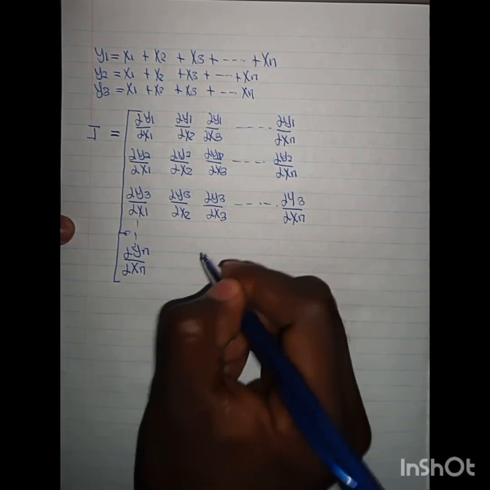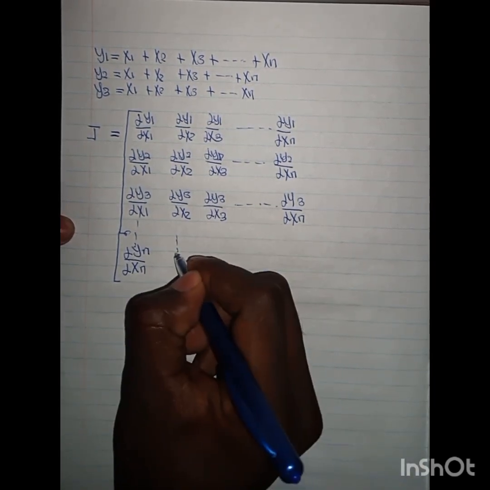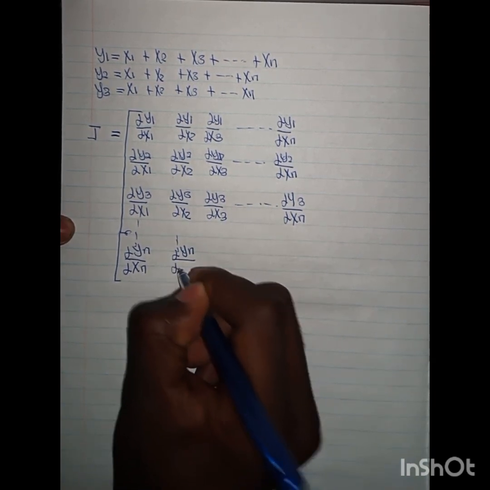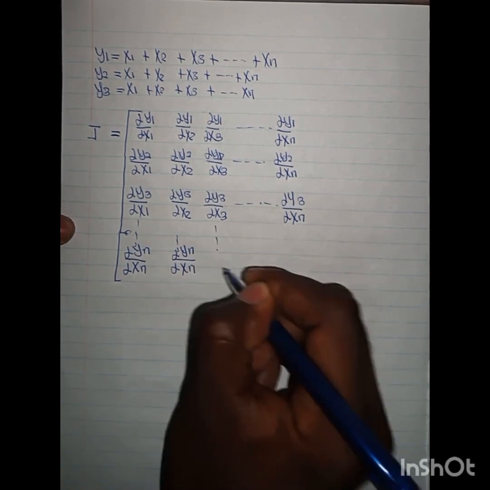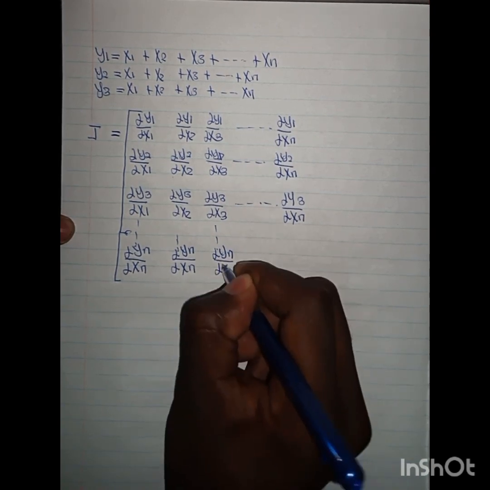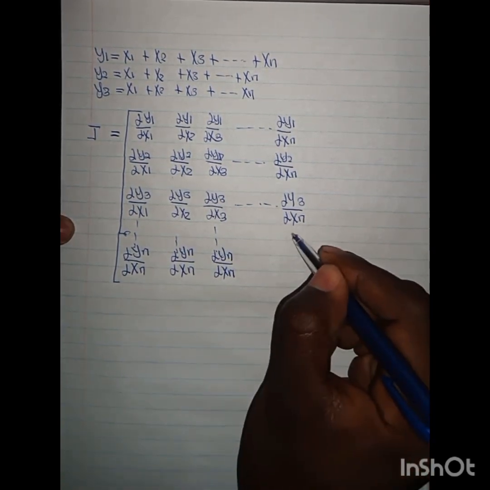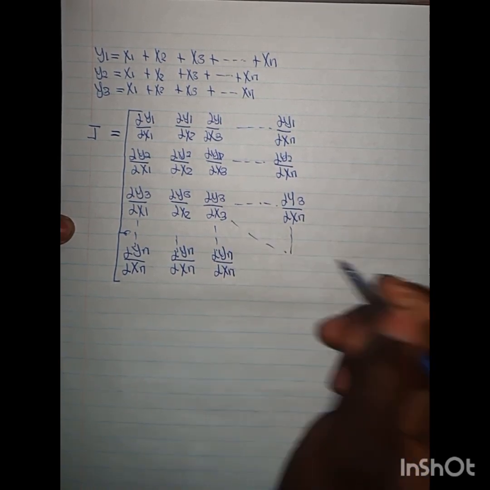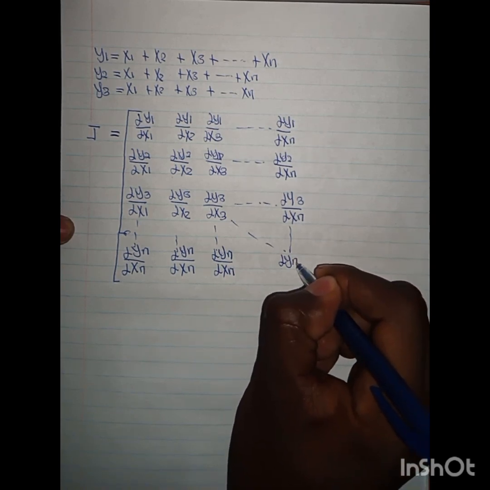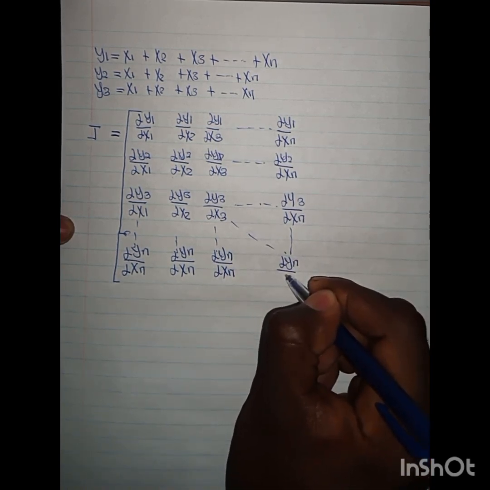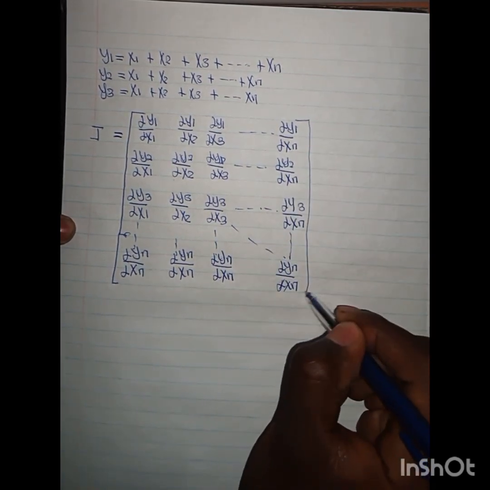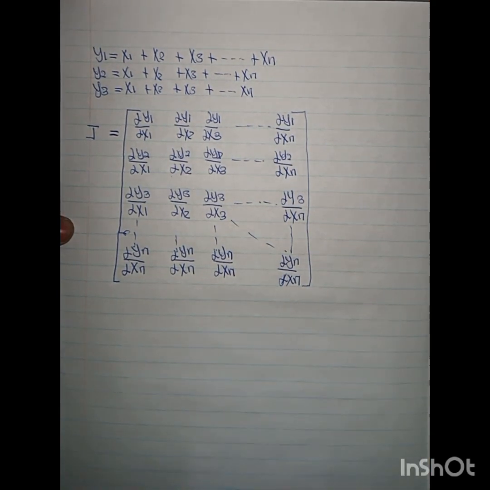The same thing will count for the derivative of yn with respect to xn, and even here we are going to have the same thing, up to the derivative of yn with respect to xn. So this information is used to generalize the Jacobian matrix.